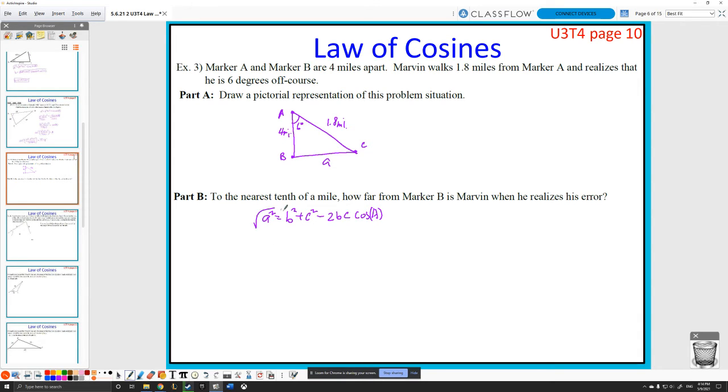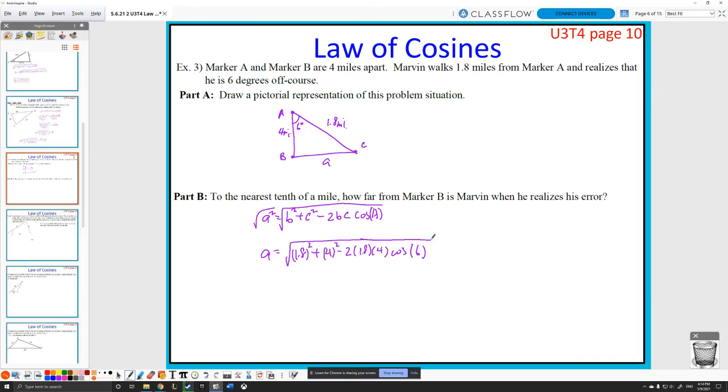Again, I'm taking the square root on both sides so I can solve for a first. So square root, b is 1.8 quantity squared, c is 4 squared minus 2 times 1.8 times 4 cosine of 6 degrees.